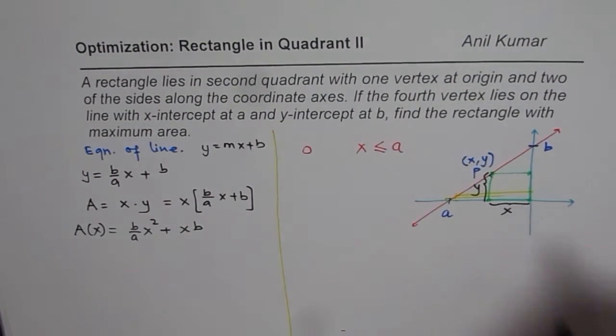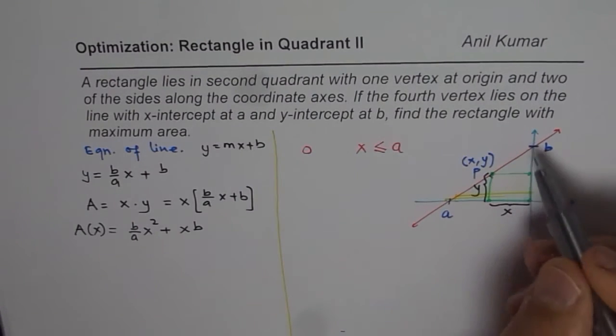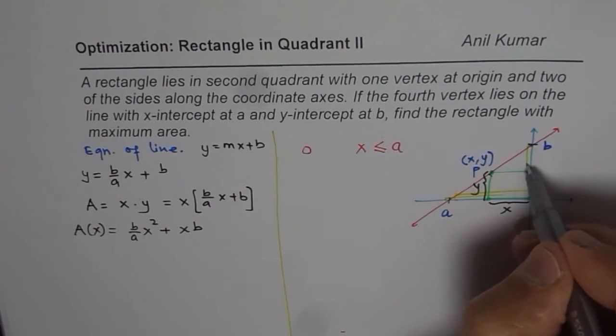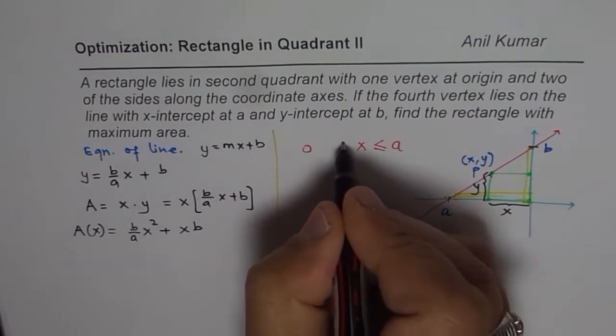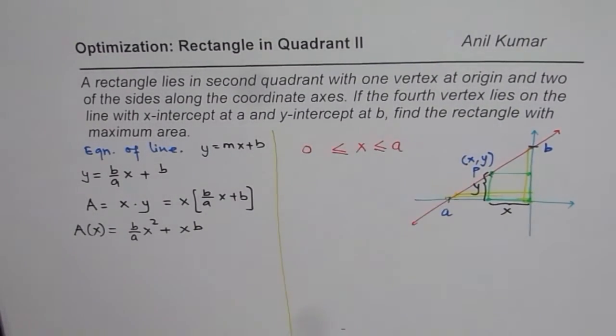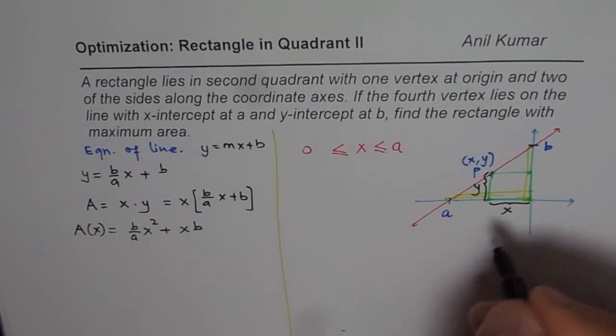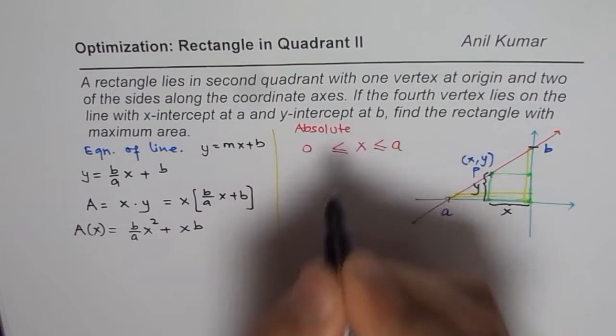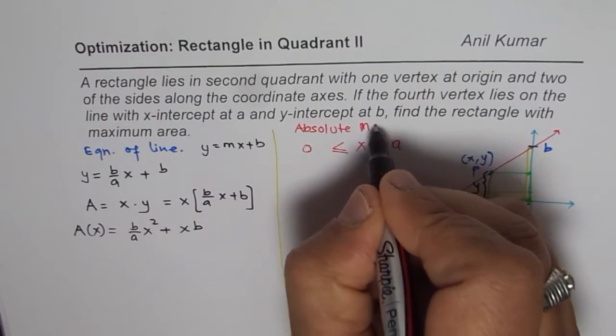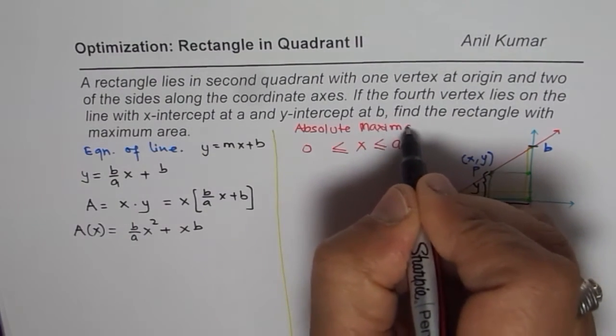Second, it could be very, very small, giving a rectangle which is like this, approaching 0. So x could be greater than 0 and less than a. So these are the two boundary conditions, right? We need boundary conditions to find what? The absolute maxima or minima, right?